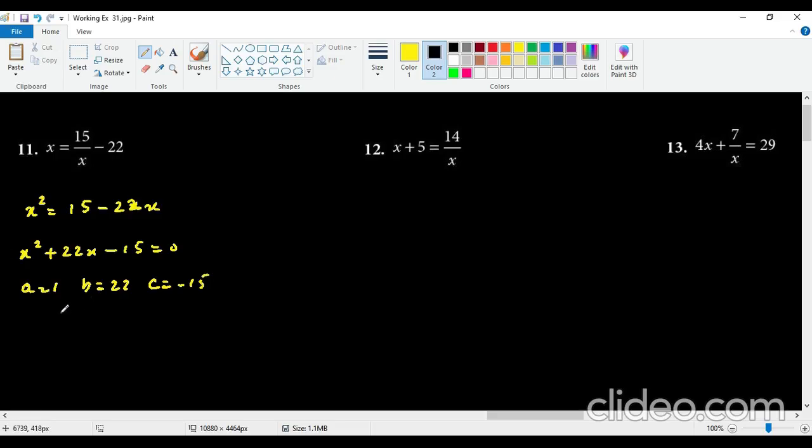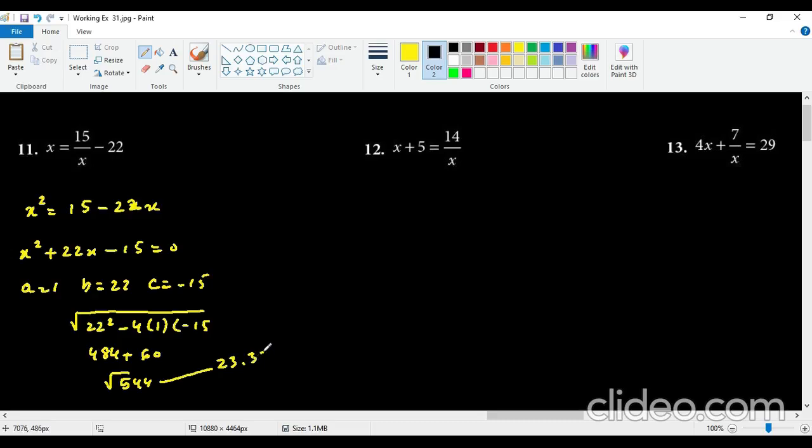So the discriminant is equal to 22 square minus 4ac, minus 15, and 22 square is going to give us 484 plus 4 times 15 is 60. So we are going to add this, and this is going to give us 544, and the root of this is going to give us 23.32.